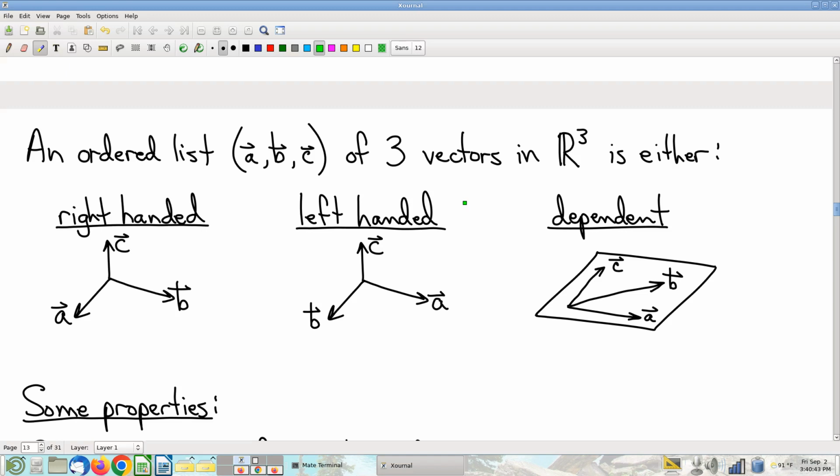This is a hand gesture, so I'm going to have to literally wave my hands a little bit here. I'm going to start off by looking at this case. We've got these 3 vectors, A, B, C, and we're looking at this list, A first, B second, C third.